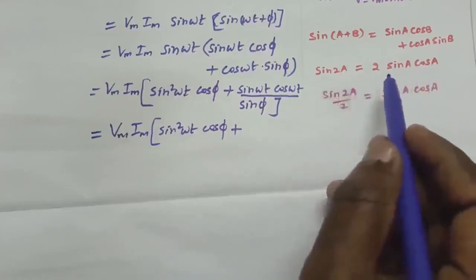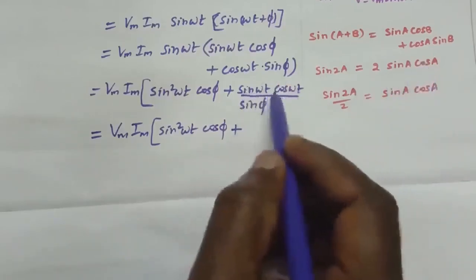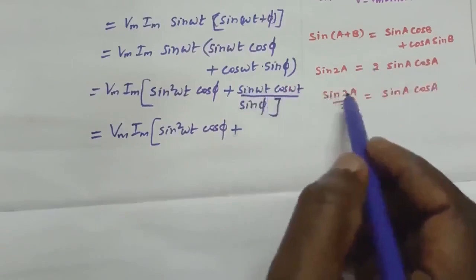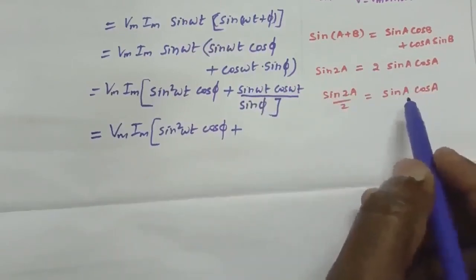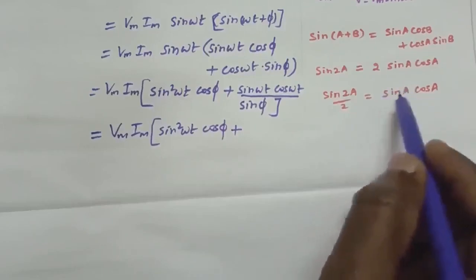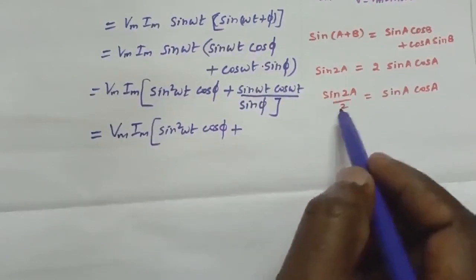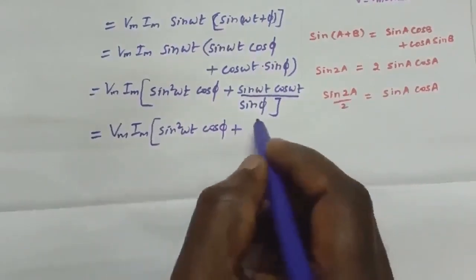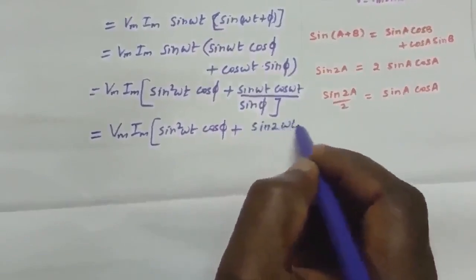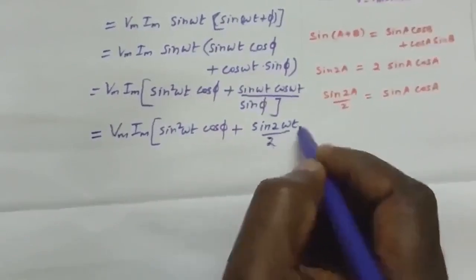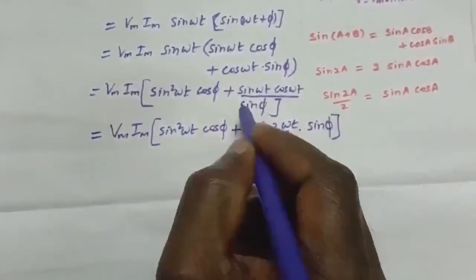I want the sin a cos a formula, therefore sin 2a by 2 is equal to sin a cos a. Are you clear, children? This is nothing but sin omega t cos omega t. Now substitute this, sin 2a by 2: so sin 2 omega t divided by 2 into sin phi.